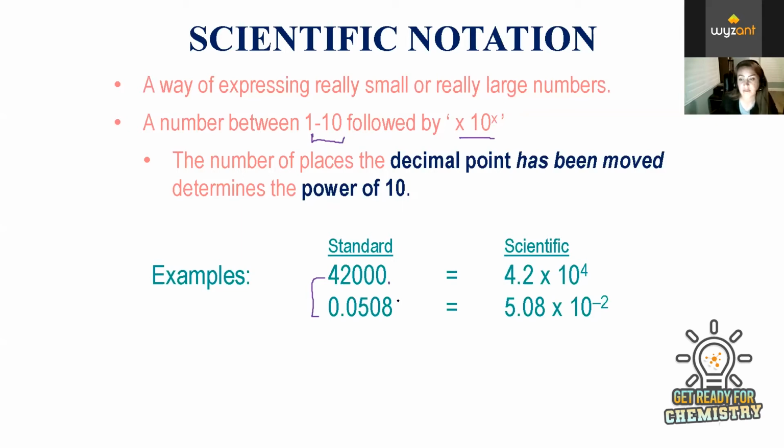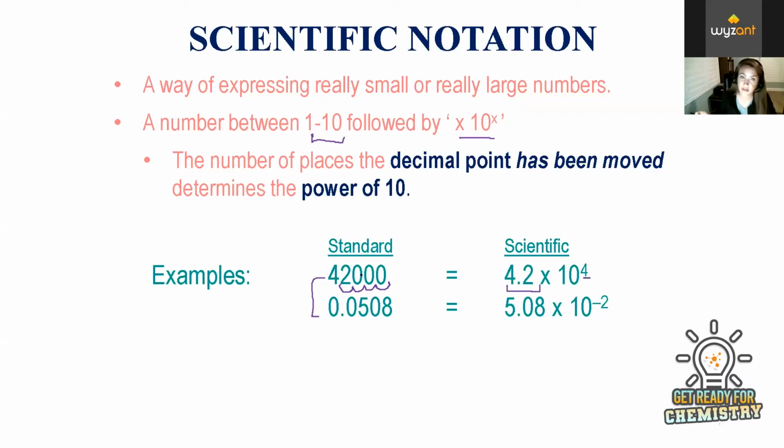The trick is to record this number as smaller so that it shows a number between 1 and 10. So I'm going to change this to 4.2, and the number of times I've moved the decimal point is my exponent. I moved it 1, 2, 3, and 4 times. So I change it to 4.2 times 10 to the 4th.